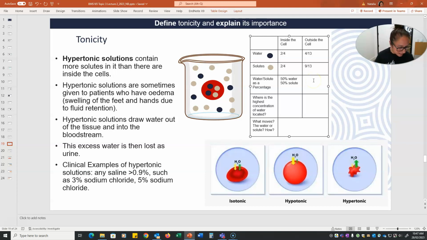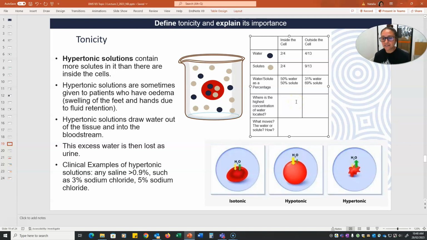Let's calculate this as a percentage. 4 divided by 13 times 100 is 31% water. And I've got my calculator here. 9 divided by 13 times 100 is going to be 69% solute.